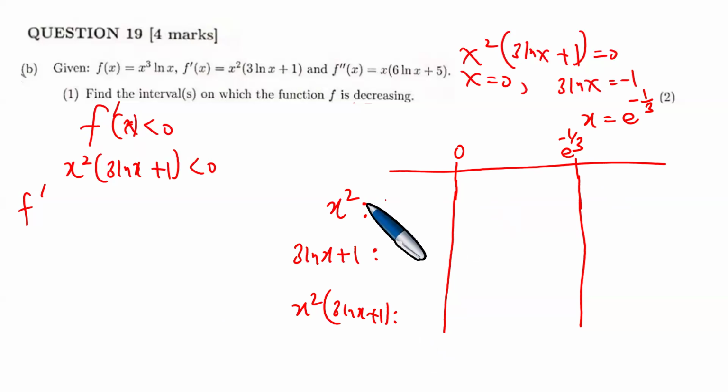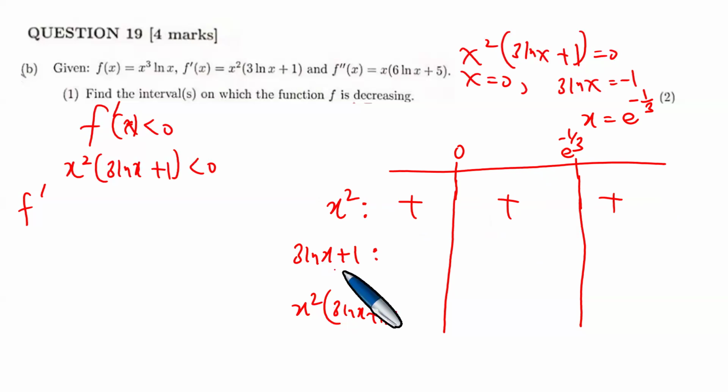X squared, for any x here, is going to be plus, plus, plus, because even if you take an x that is negative and you square it, it's going to be plus. Between 0 and e to the power -1/3, whatever number you square, it's going to be plus. Bigger than this, you also get a plus.